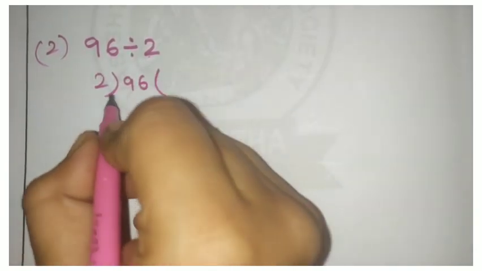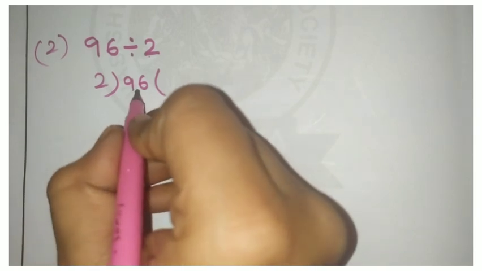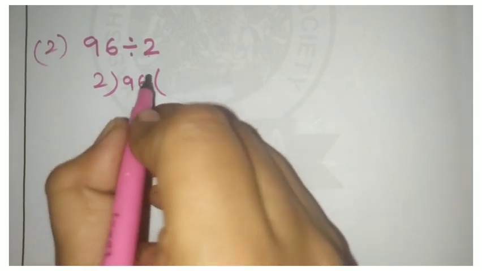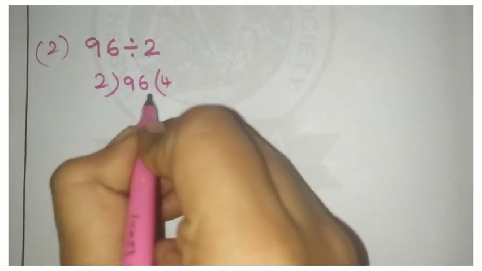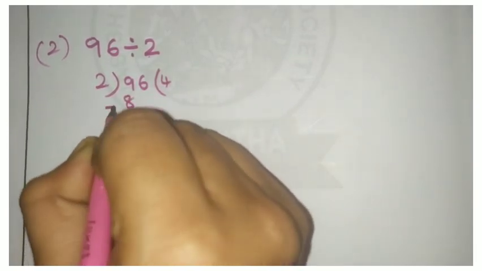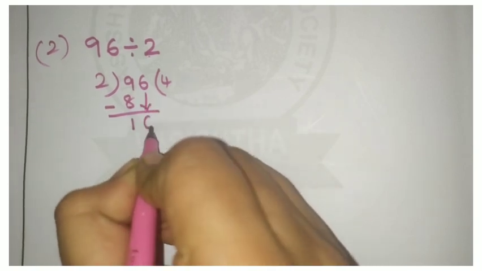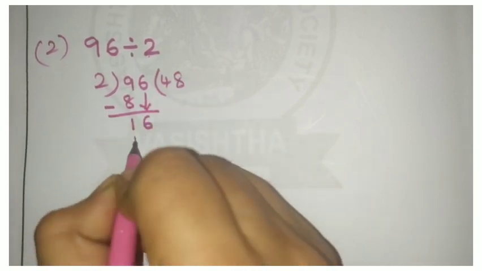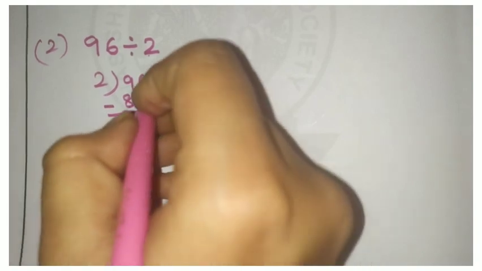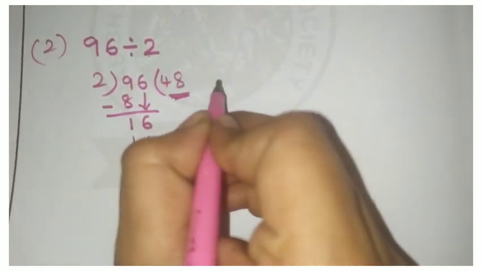In the 2 table we will get 9. No, we will get 8. 2 4s are 8. Okay, 9 minus 8 is 1 and we will take this 6 down. 2 8s are 16. 16 minus 16 is 0. So the quotient is 48.